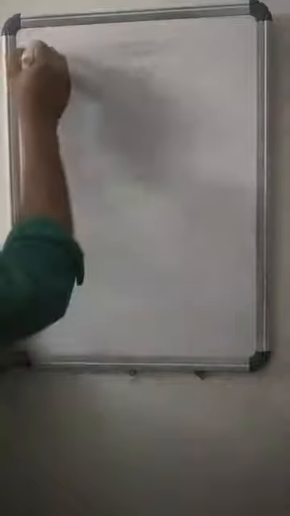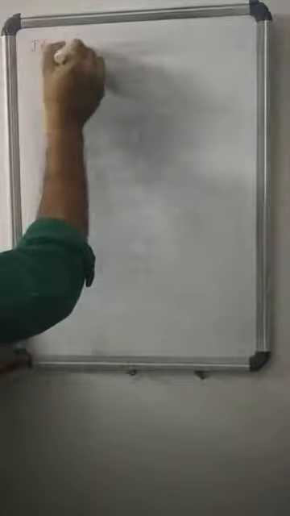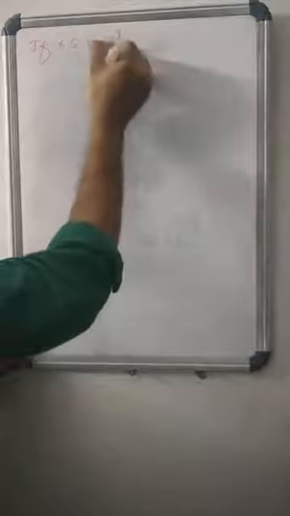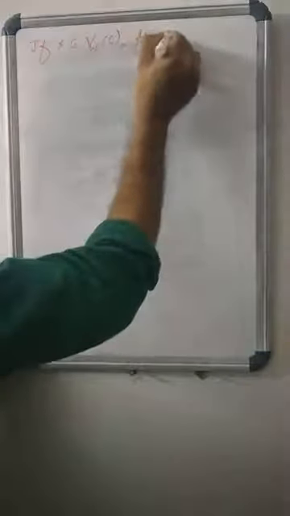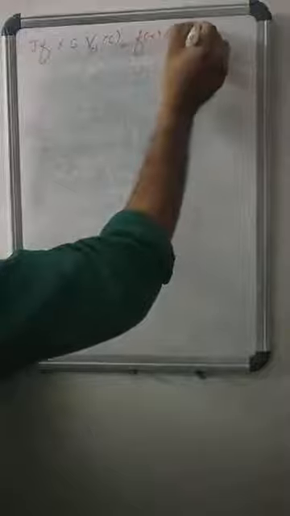A function f is continuous at a particular point c if, whenever x lies in a delta neighborhood of c, then f of x lies in the epsilon neighborhood of f of c. So this is the definition of continuity of a function.